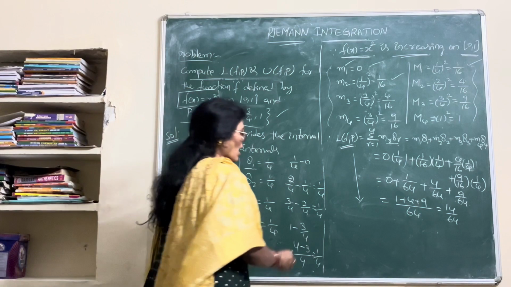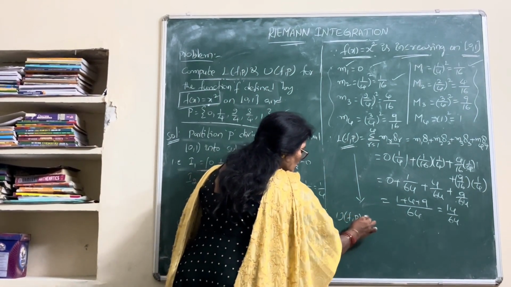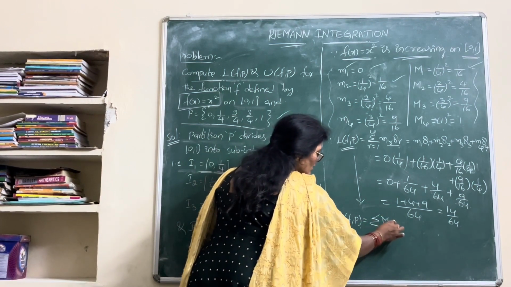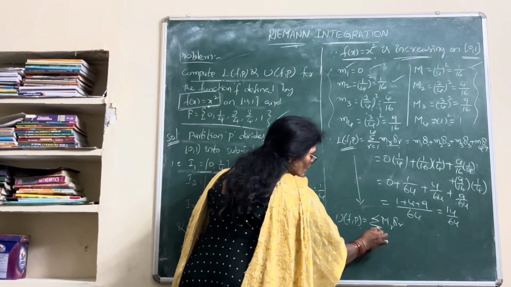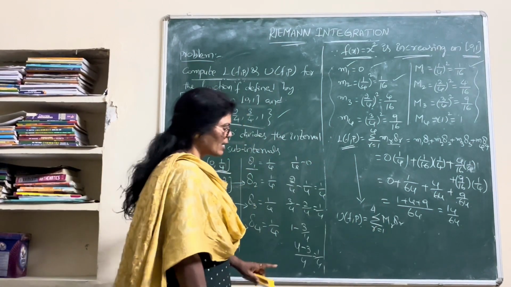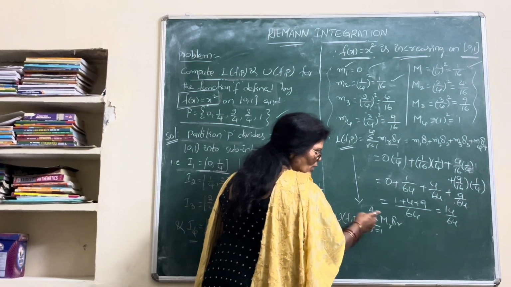Now for the upper Riemann sum we will find UFP. That should be equal to summation capital M r delta r, where r value is from 1 to 4. Again here also instead of r you should substitute 1 to 4 elements.